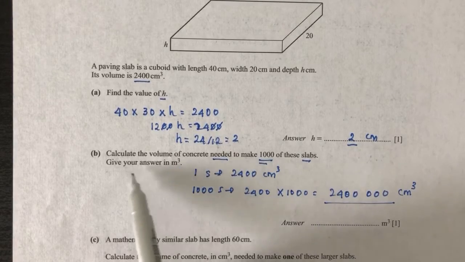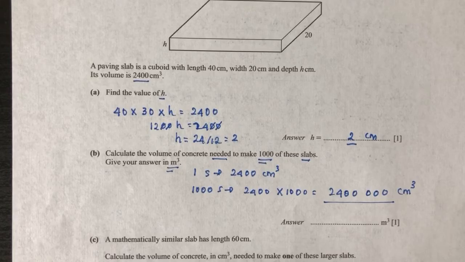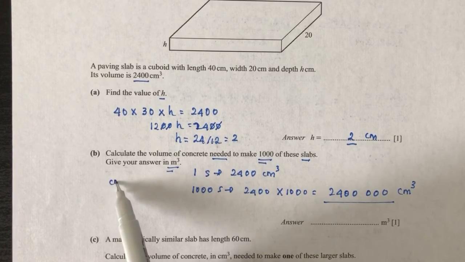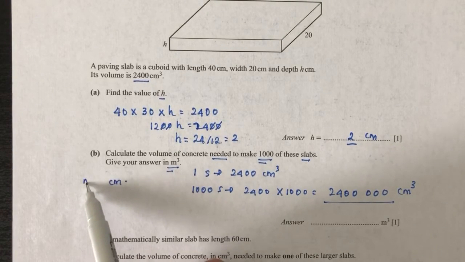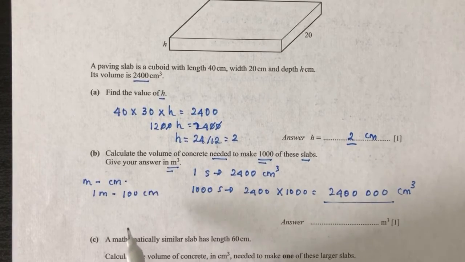So you have to give your answer in meters cube, so we have to convert this. We know that to convert meter to centimeter, 1 meter is equal to 100 centimeter.